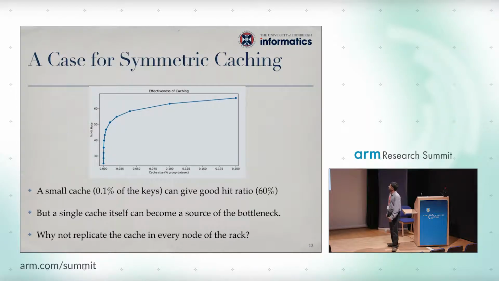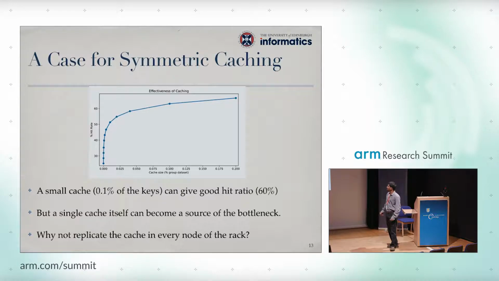In fact, because of the skewed nature of data sets, it is a good case for performing caching. As we can see from this graph, even with a very small percentage of cache, like 0.1% of the overall data set, you can get a very good hit rate, and that's because of the skewed data sets, which follow power law distributions.